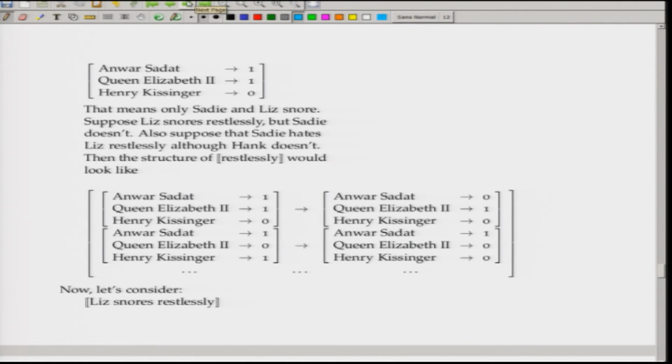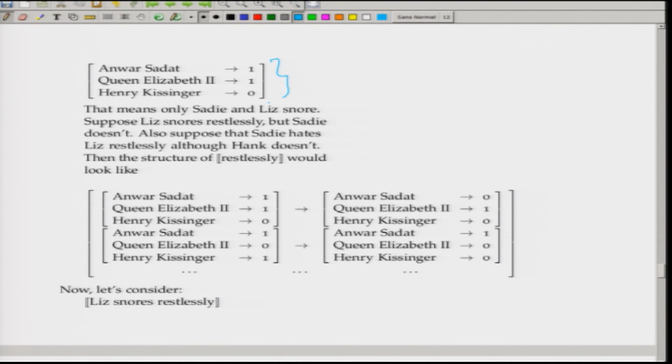We know that the function snores is this, that means only Sadie and Liz snore, Hank does not. Now, suppose both Sadie and Liz snore, but Liz snores restlessly, but Sadie does not, right. Also, suppose that Sadie hates Liz restlessly, although Hank does not.